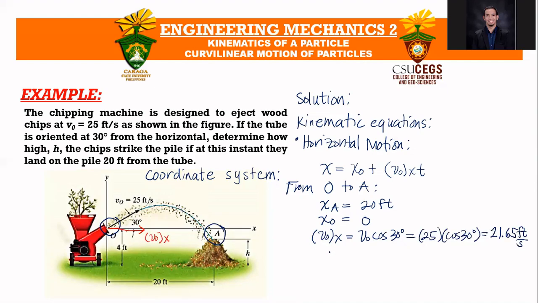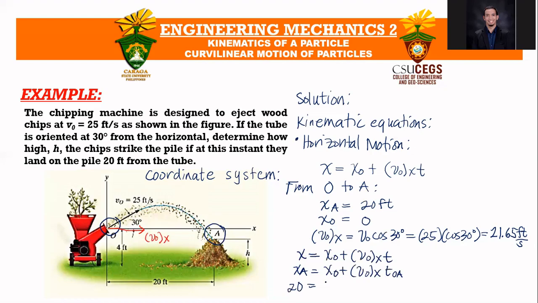And for that, when we substitute the values sa atong equation, that would be x is equal to XO plus VOXT. So this would be XA is equal to XO plus VOXT, and I will name that with subscript OA because that is starting from O to point A. So XA nato is 20 feet.